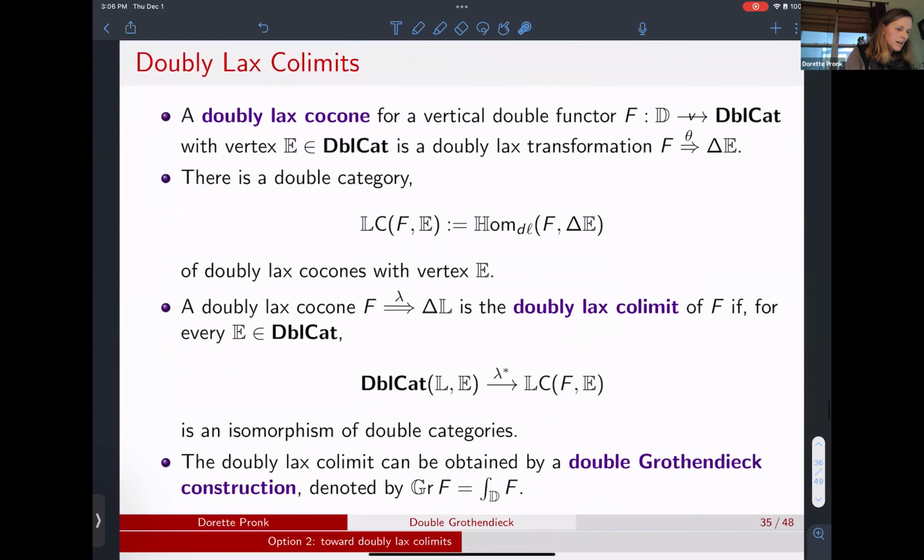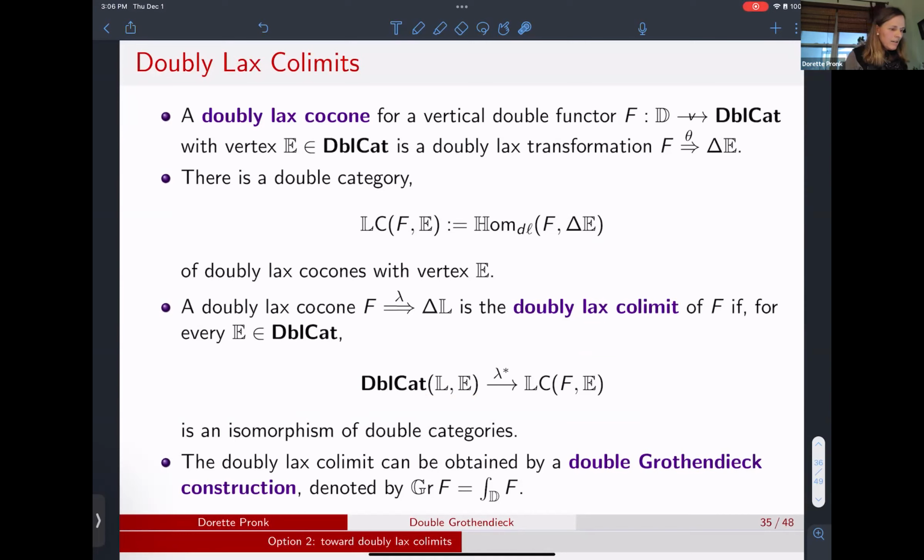And when is this then the doubly lax colimit? Well, when we get an isomorphism of double categories between the HOM double category from L to E. So L is my candidate colimit, E is some other double category.